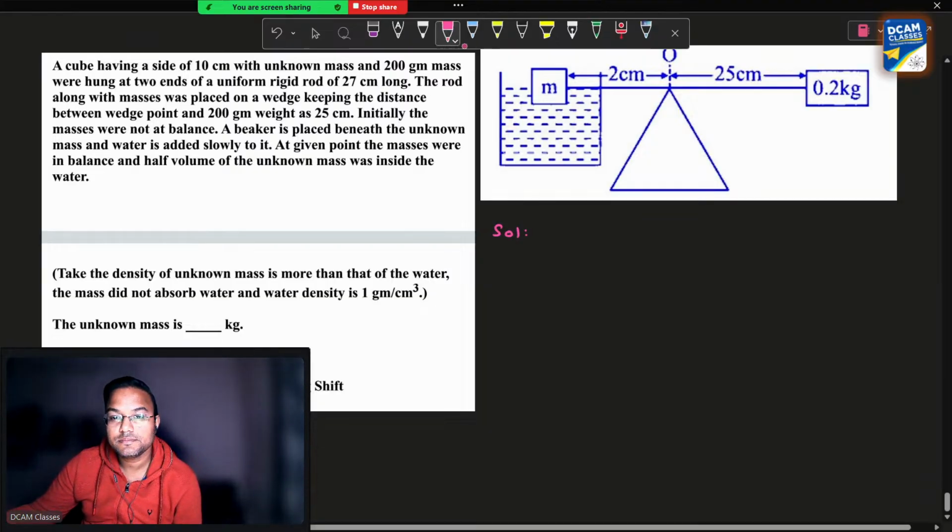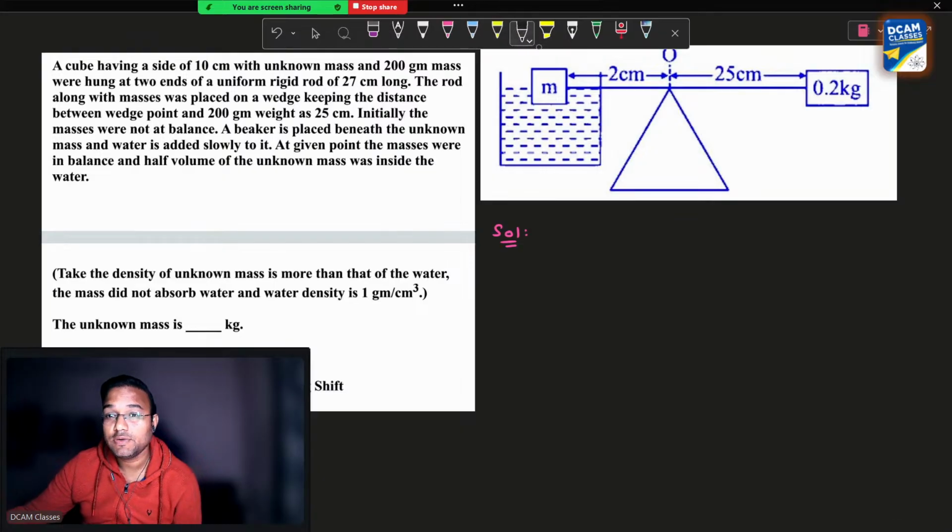Here, what forces will be acting? One will be mg. One will be buoyancy force. Here in this case, 0.2 kg. It's 200 gram, no? It's a cube. So 10 centimeter. So cube of length A 10 centimeter.